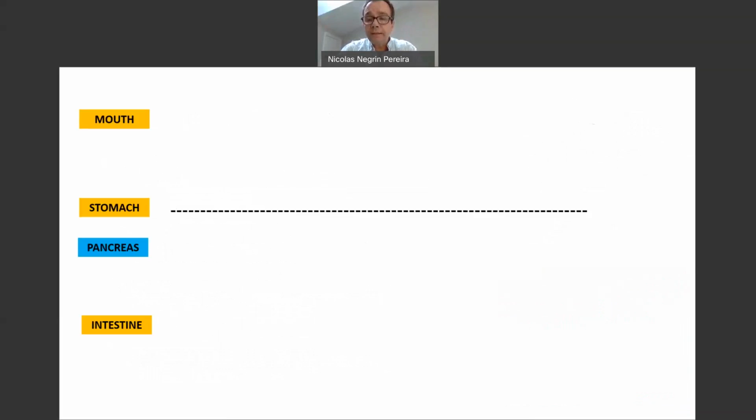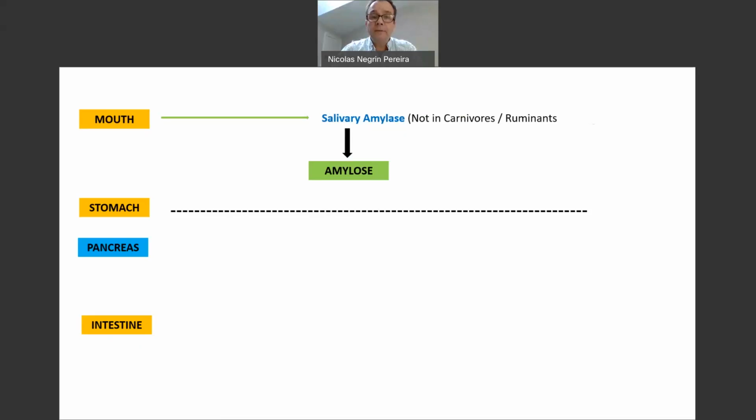So let's have a look in detail at the digestive process of the saccharides by the animal. We start in the mouth with the secretion of salivary amylase, remember, not present in carnivores and ruminants. And salivary amylase will act on amylose, which is one of the most important components of starch.